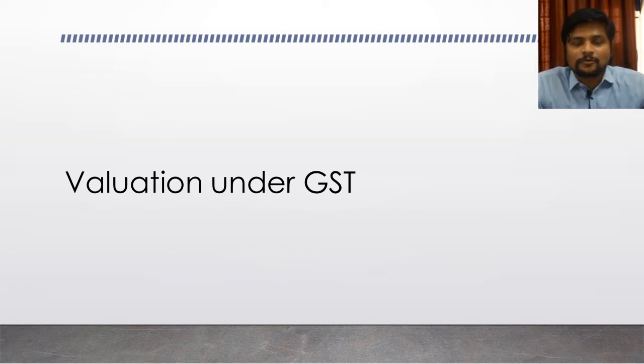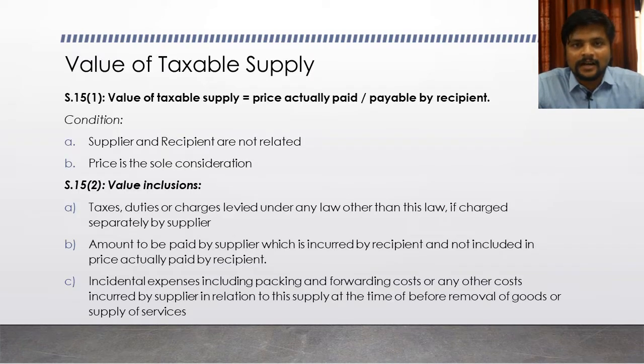Under the CGST Act 2017, Section 15 specifies the provisions relating to valuation under GST. Section 15 is divided into 4 subsections. Subsection 1 is the general subsection. It says what the value of any supply is if certain conditions are satisfied. That is subsection 1.